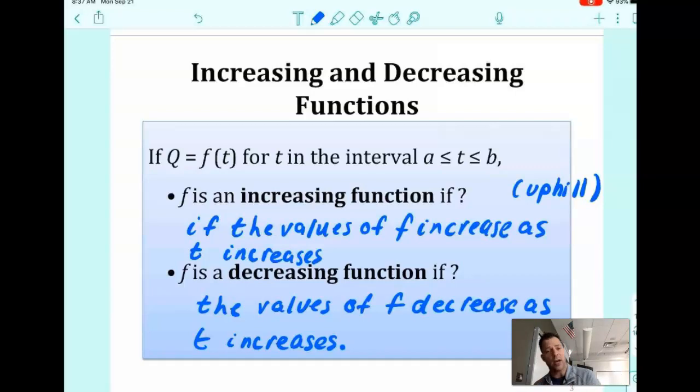You're reading from left to right. You're just looking at what's happening to the y value, in this case the Q value, the output. So if the outputs are falling or the outputs are increasing, that's what you're really paying attention to. So be careful. If increasing is uphill, decreasing, you can consider, does it look like it's downhill? Do you want to sled down that hill?